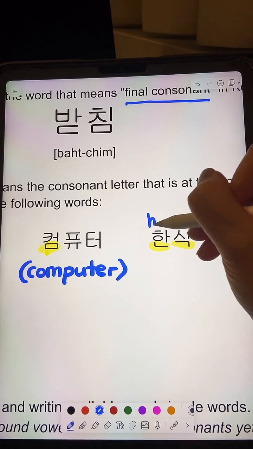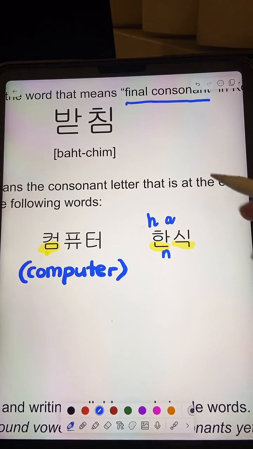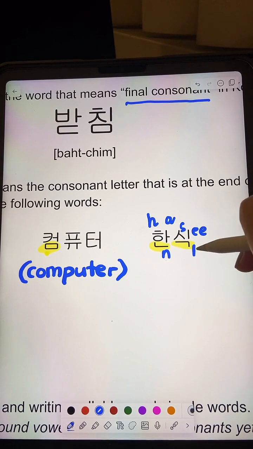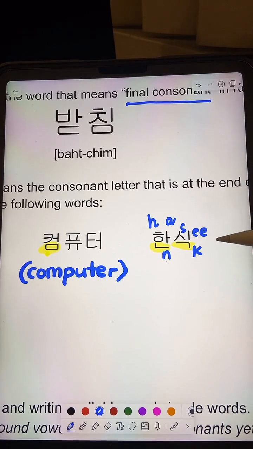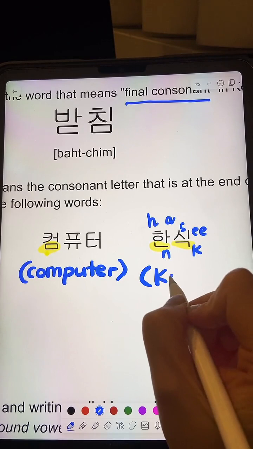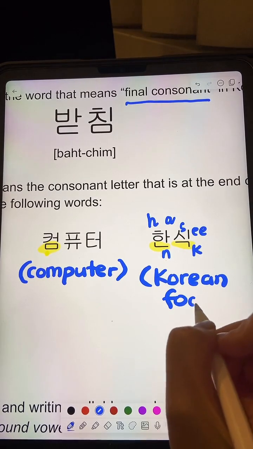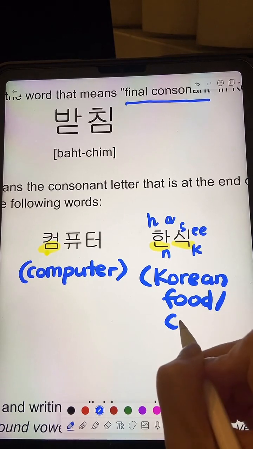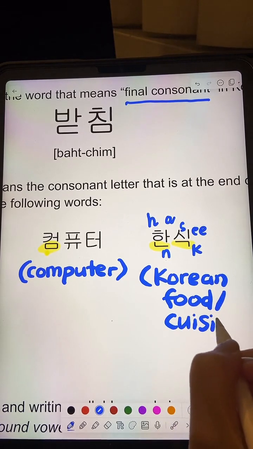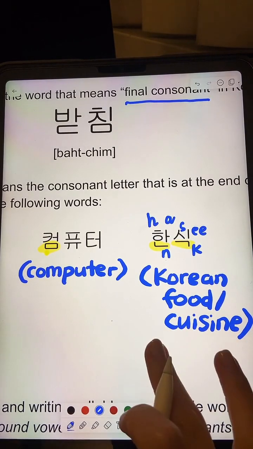We have 한, 한식. Good job. 잘했어. What does 한식 mean? It means Korean food or Korean cuisine.